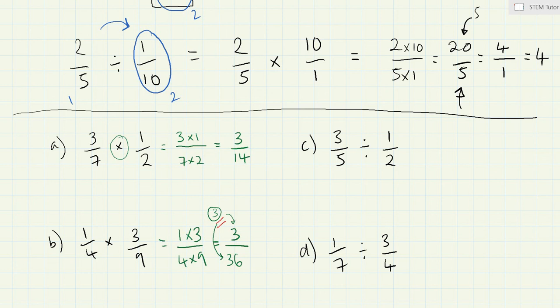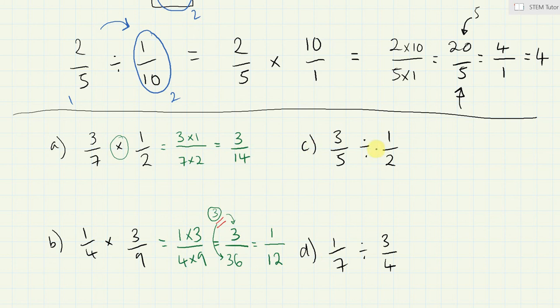Okay, so if we want to simplify this, 3 divided by 3 is 1, and 36 divided by 3 is 12. And this cannot be simplified any further, so that is the simplified version of 3 over 36.